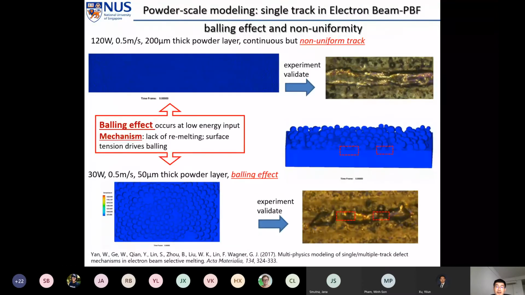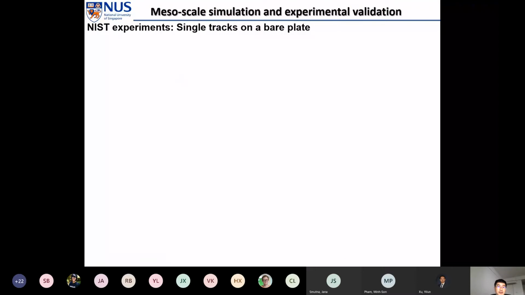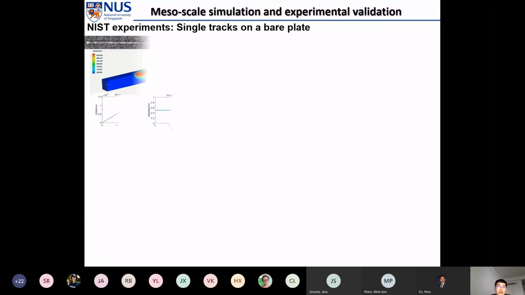This is the case with the powder, because the random powder has some random fluctuation. So we collaborate with the U.S. National Institute of Standards and Technology. They do a few very well controlled single tracks on a bare plate.